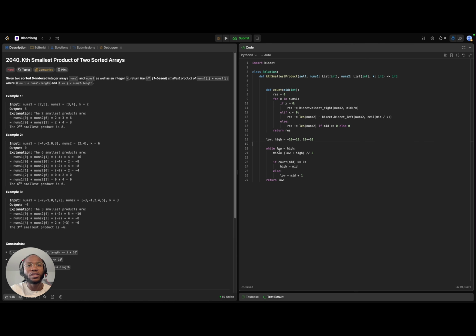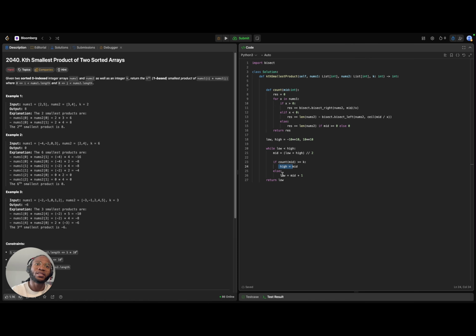But as long as low is less than high, we obtain our mid value, and then we count how many products of nums1 and nums2 are less than or equal to mid, and check if that count is greater than or equal to k. What we're trying to establish here is whether mid is equal to our kth value or greater than our kth value, and if either of those two conditions is true, we know that we need to search lower, and so we set our high to be mid.